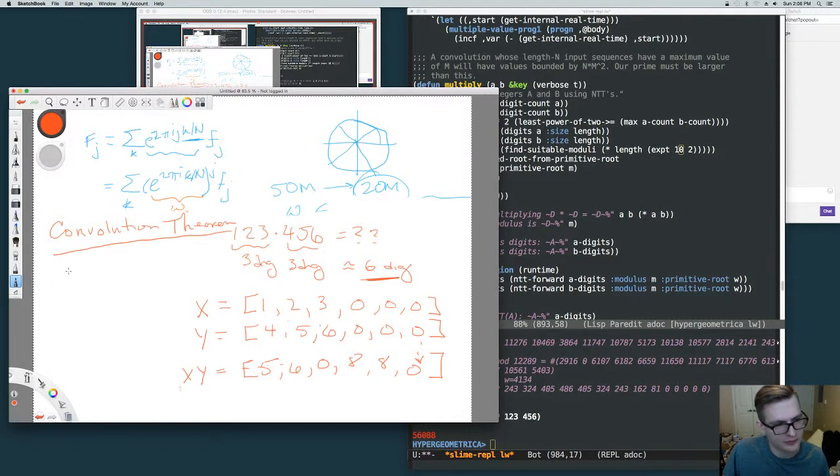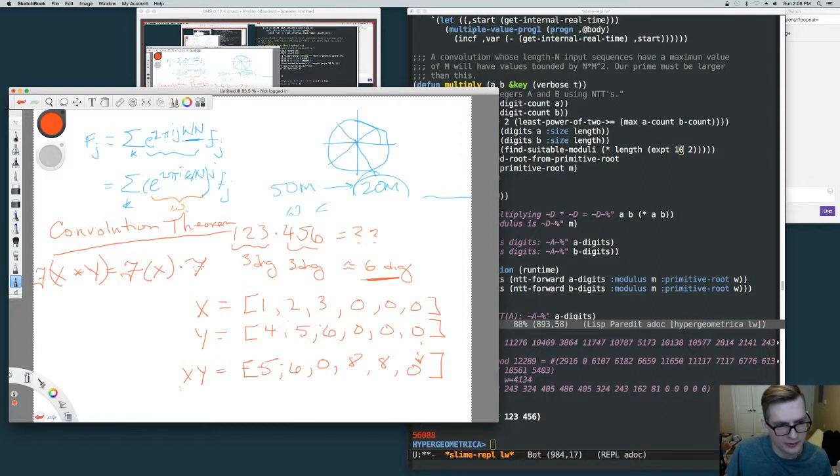So if we have x convolved with y, or if we do the Fourier transform of that, the Fourier transform of x convolved with y is the same thing as the Fourier transform of x pointwise multiplied with the Fourier transform of y.